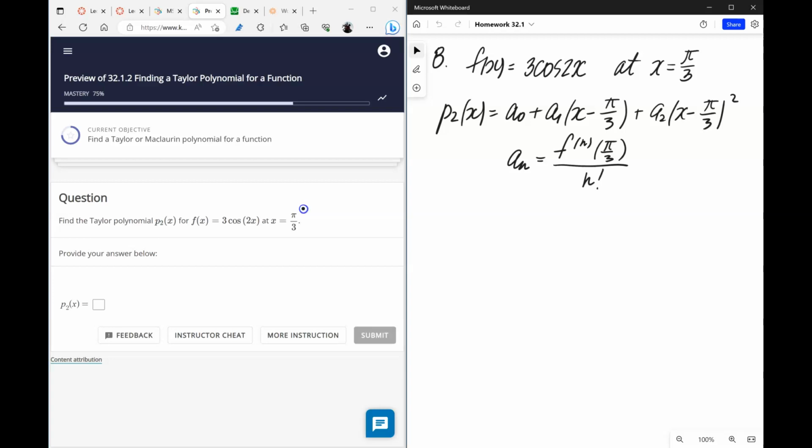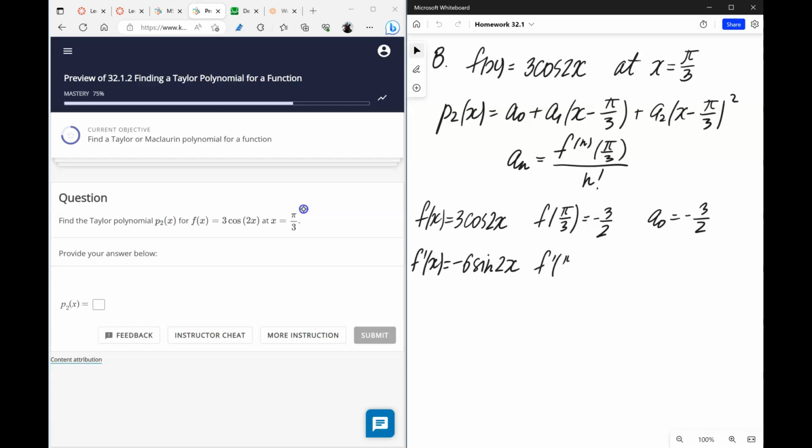And to find the 0th one, we start with the function. We evaluate the function at pi over 3. So cosine of 2 pi over 3 is negative 1/2. So the 0th coefficient is negative 3/2. Now let's take the derivative. It's going to be negative 6 sine 2x.